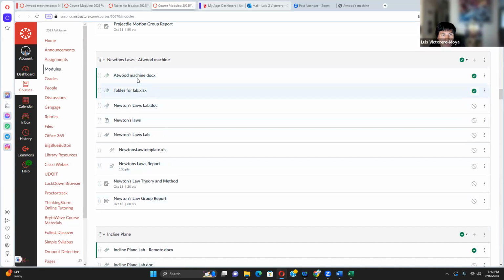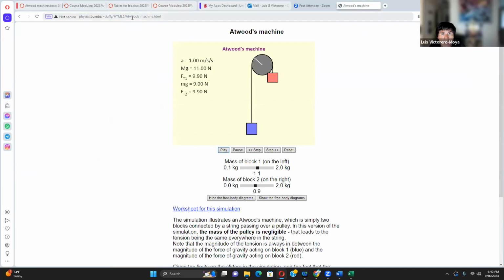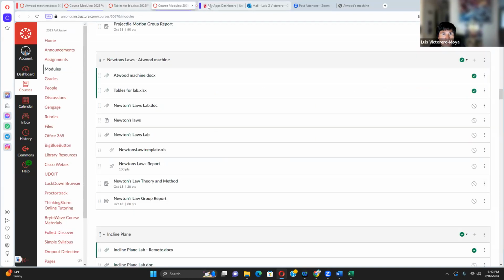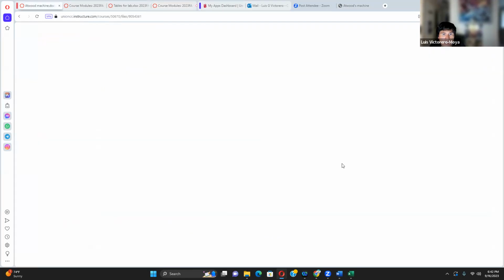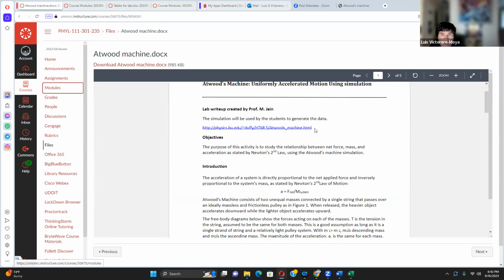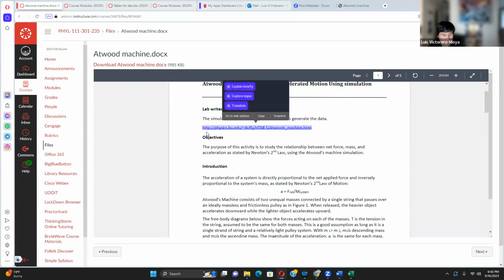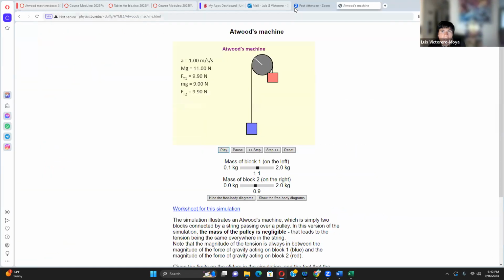This lab in particular, you are going to be using another software, another simulation, which is this one. Now, I opened the file here, and I saw that it might be difficult to click, but you can copy this website, and then it will give you this.